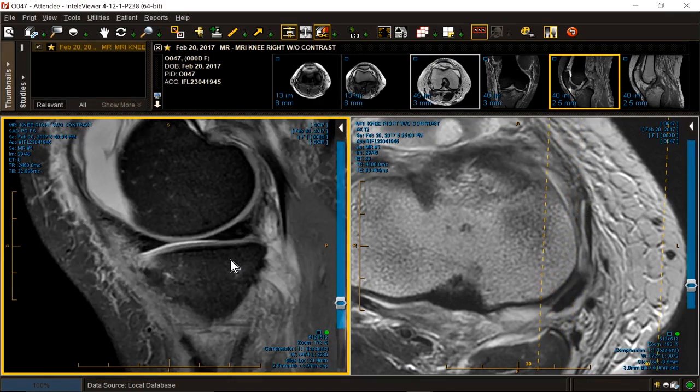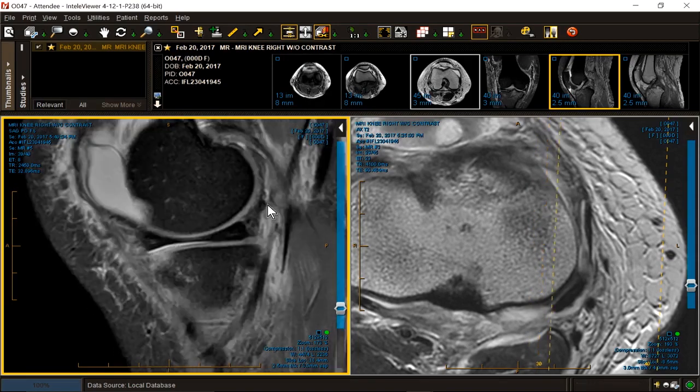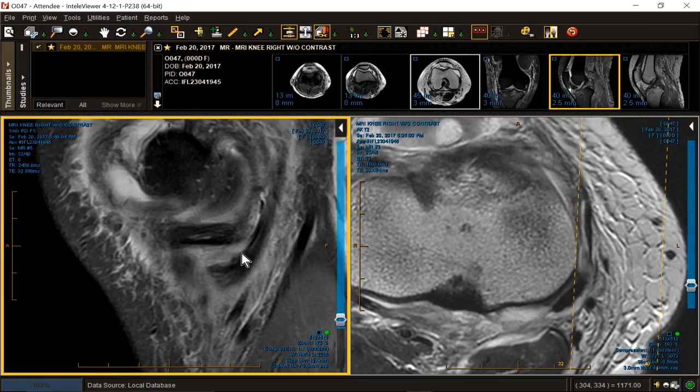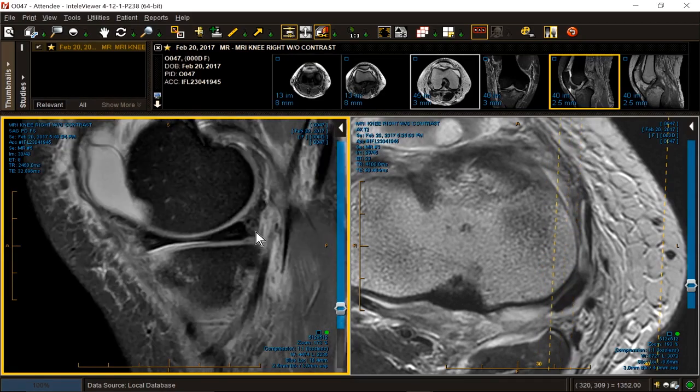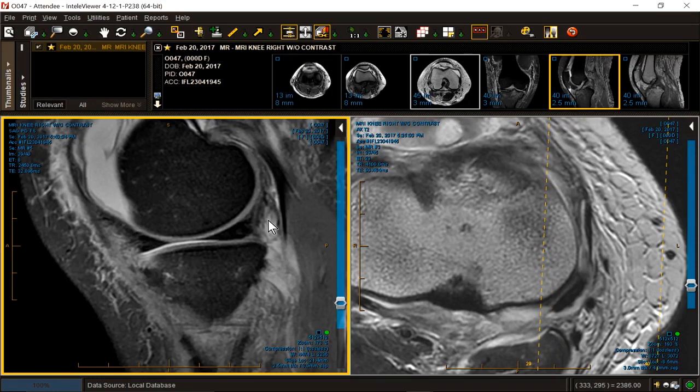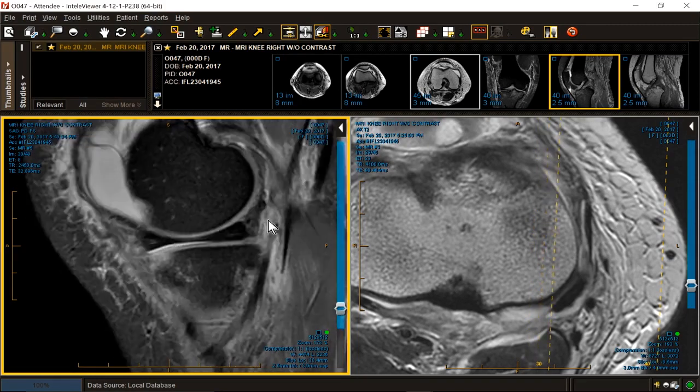But what about the rest of the corner? The capsular component of the semimembranosus corner. In other words, this structure gives rise to fibers to this capsule. That is torn. So the oblique popliteal ligament component of the posteromedial corner is ruptured.